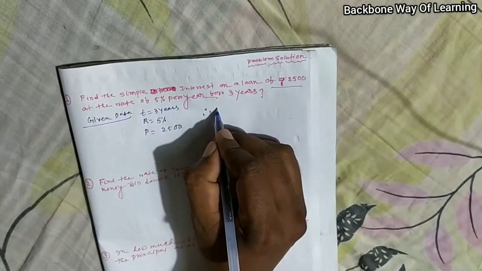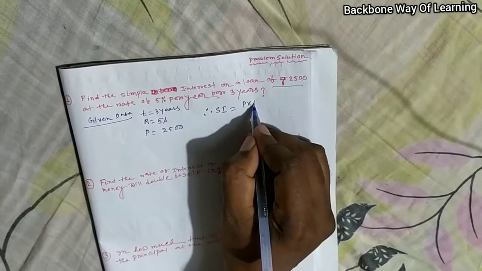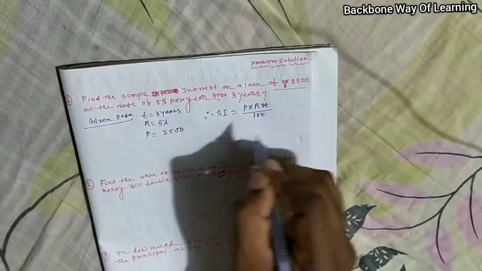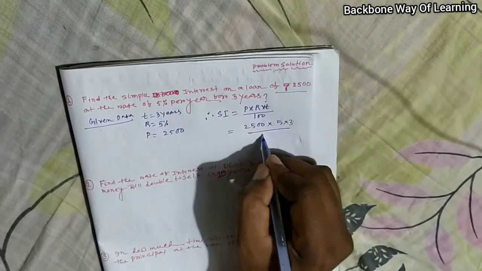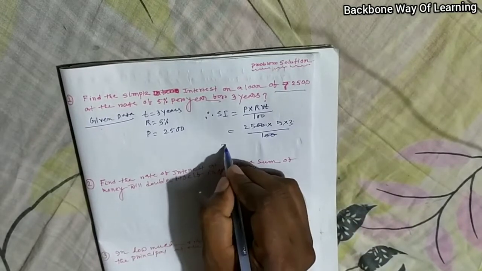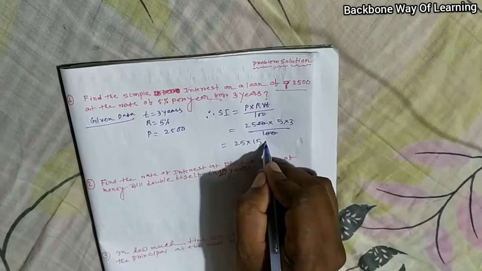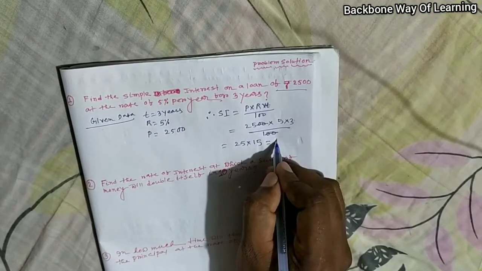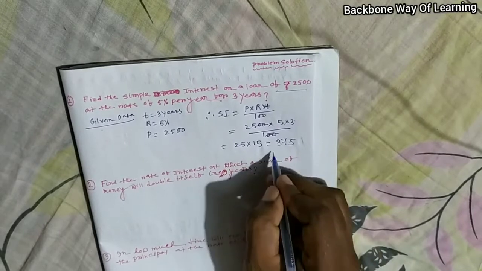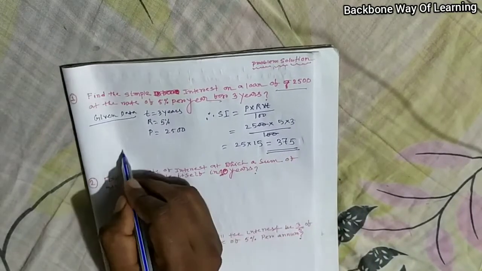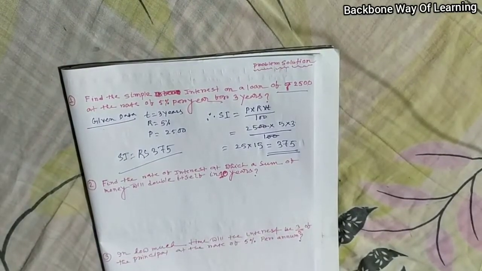Therefore, we put the formula: simple interest is equal to PRT by 100, which is rupees 375. This is the answer.